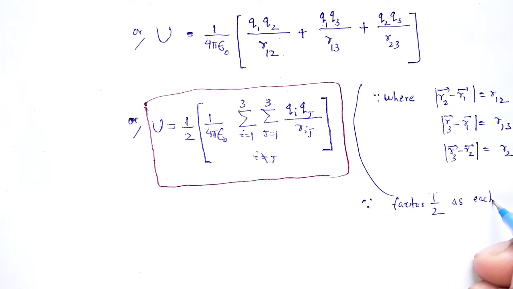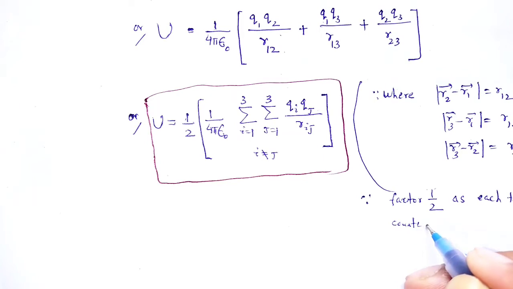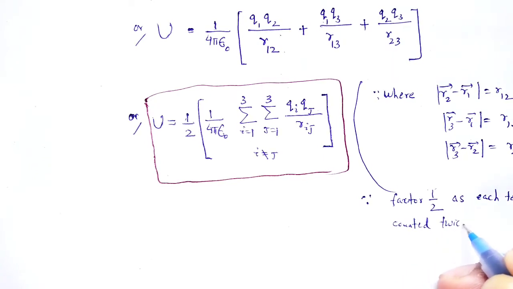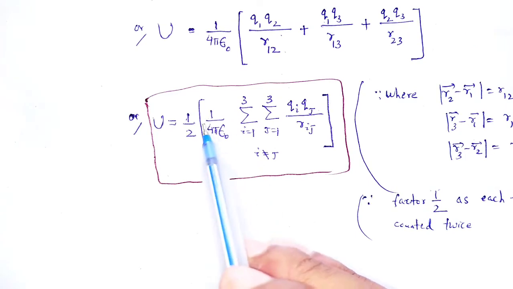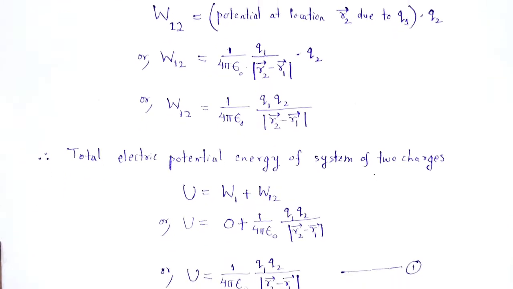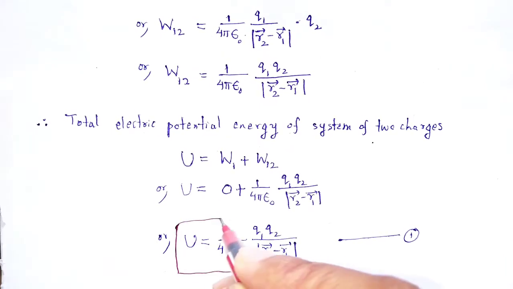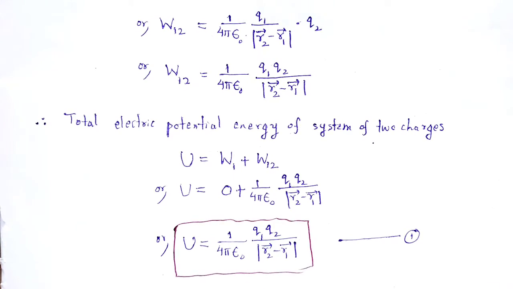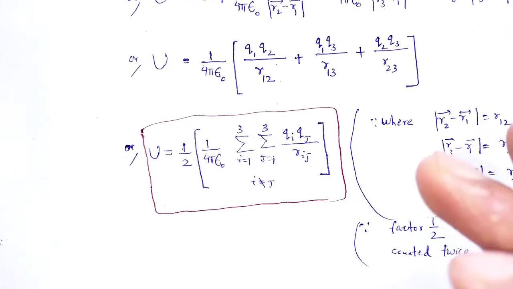Earlier we got the potential energy due to 2 point charges; this is the potential energy due to 3 point charges.